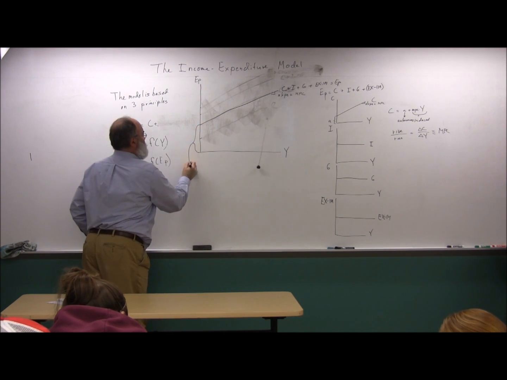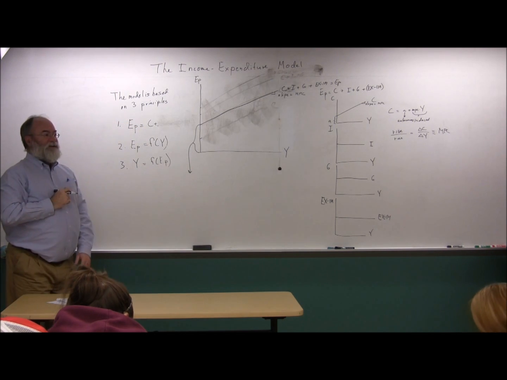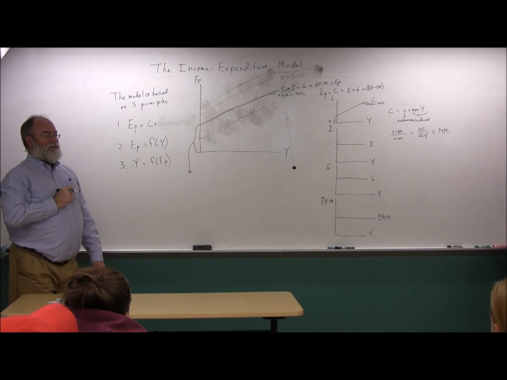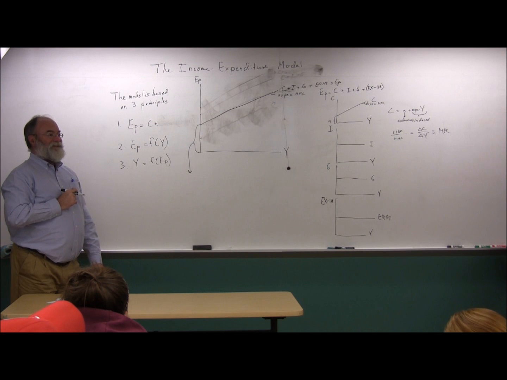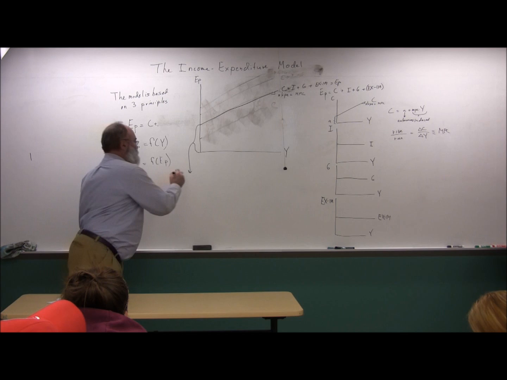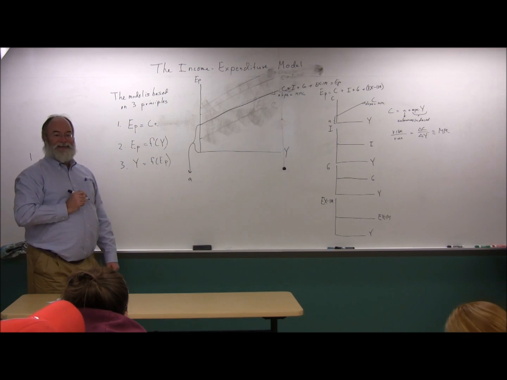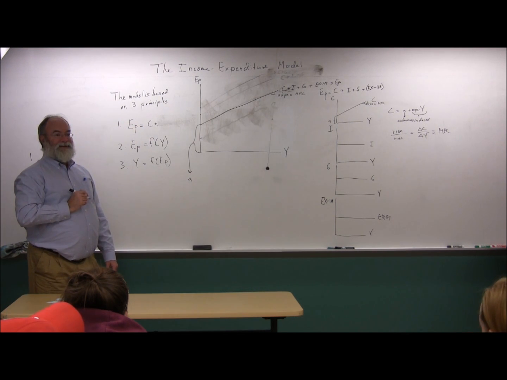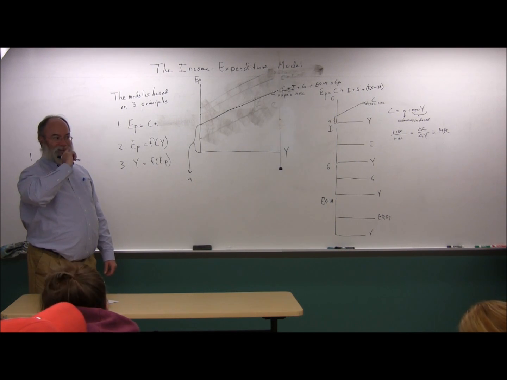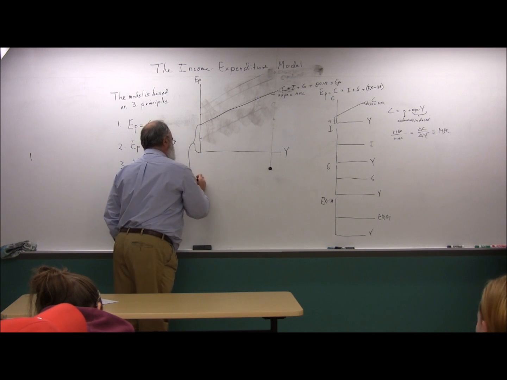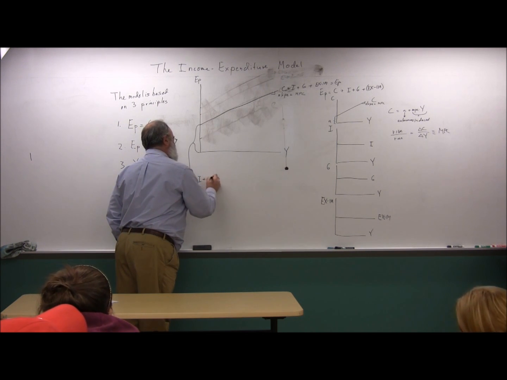What's the vertical intercept? Karen? Autonomous what? It's autonomous total expenditure, but what is that? Starts with the A, little a, right? Meg? Well, it's little a plus I plus G plus exports minus imports.